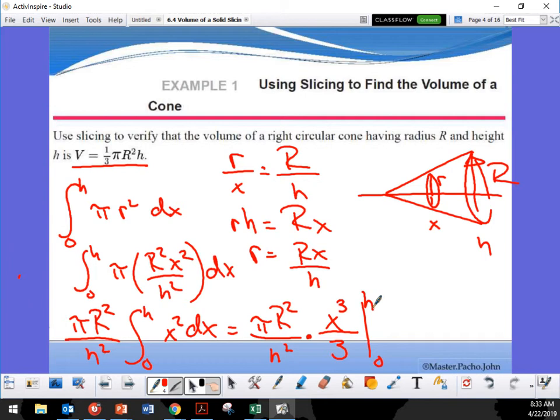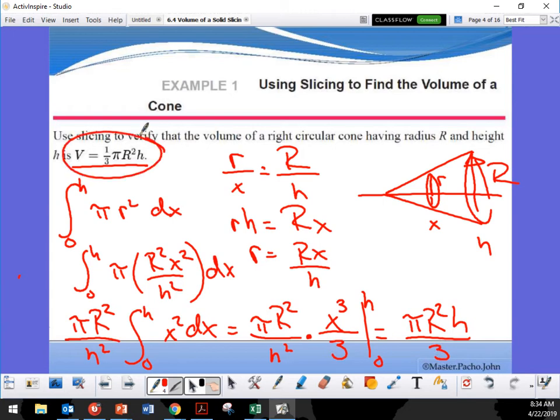And if you plug it in, the h squared and h cubed are going to cancel. So the bottom part's going to go away, right? What's going to be left is h cubed, and h squared on the bottom is going to cancel. So I'm going to get pi r squared h over 3.